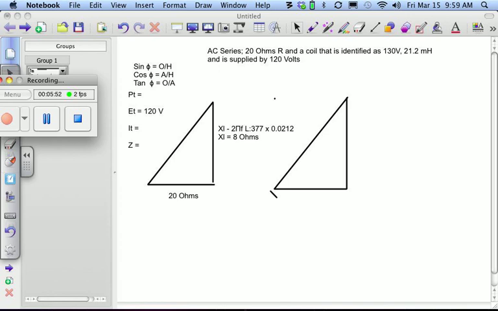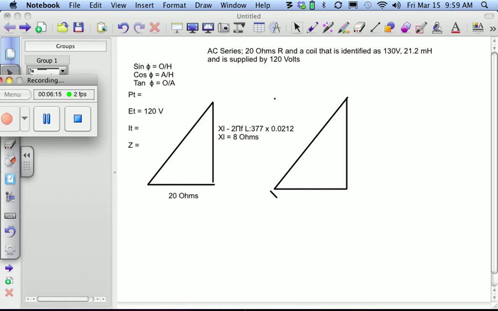Does everybody agree with that? That's our power factor. So now we know this circuit is turning 92.8% of its incoming power into true power. It's a fairly efficient circuit. And I think that leads us into our next question.